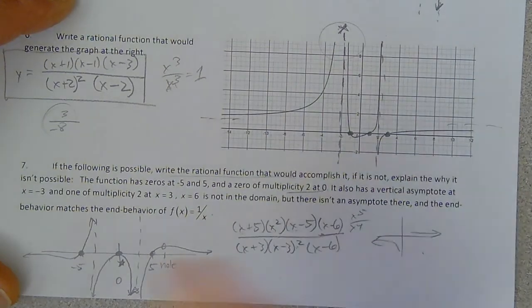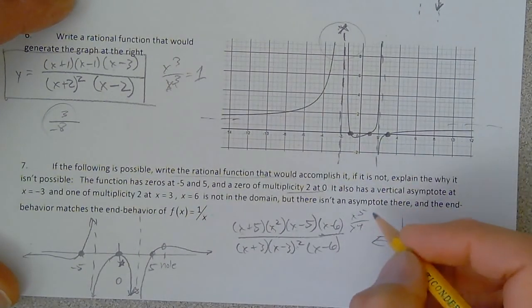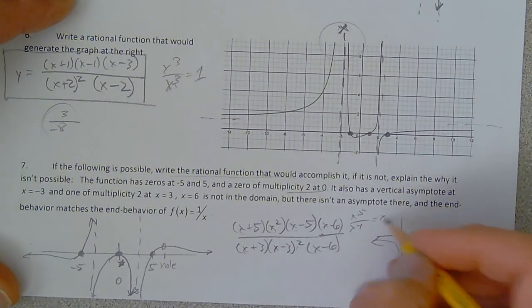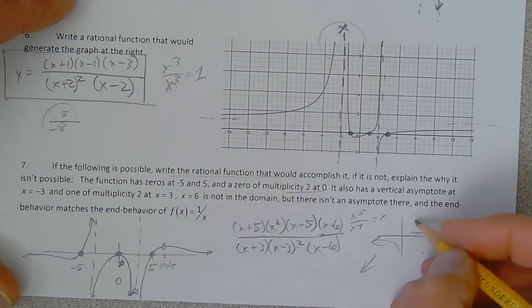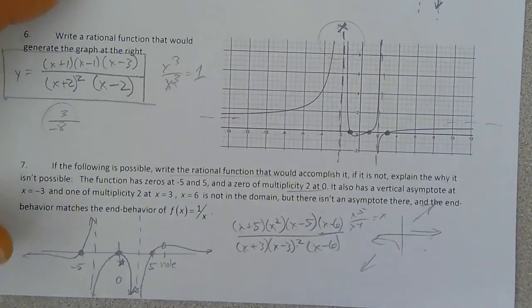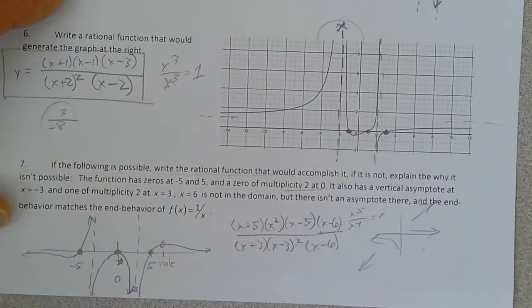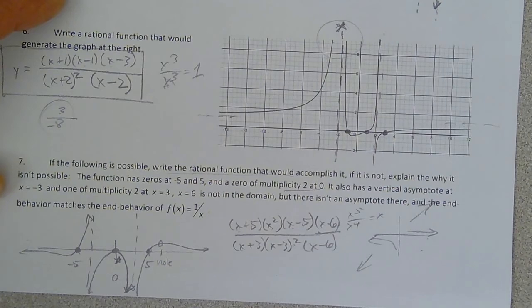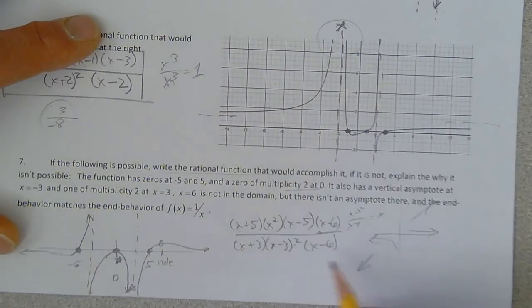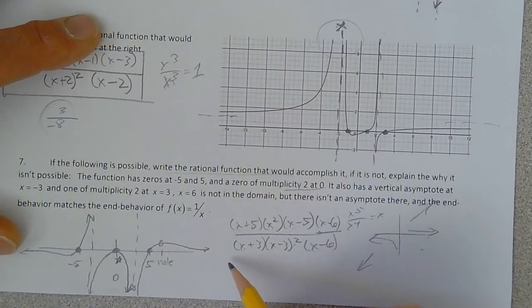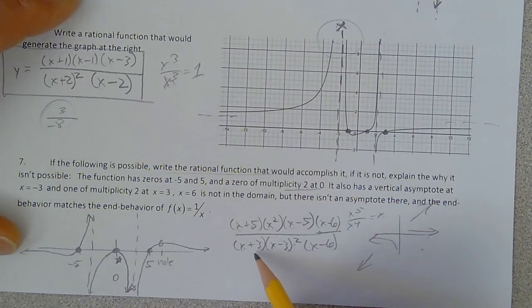So the only way this would force the end behavior to be like x, which would be more like this than like that. And there's no place else that we can mess with things to make the asymptotes something more than what they are, unless we can't square that one.